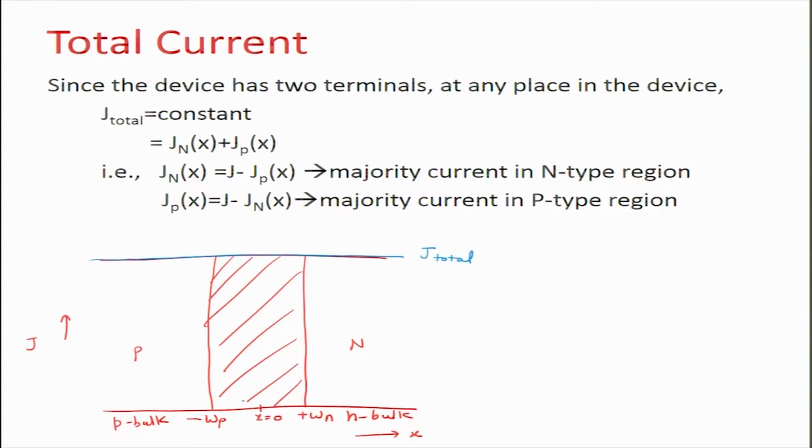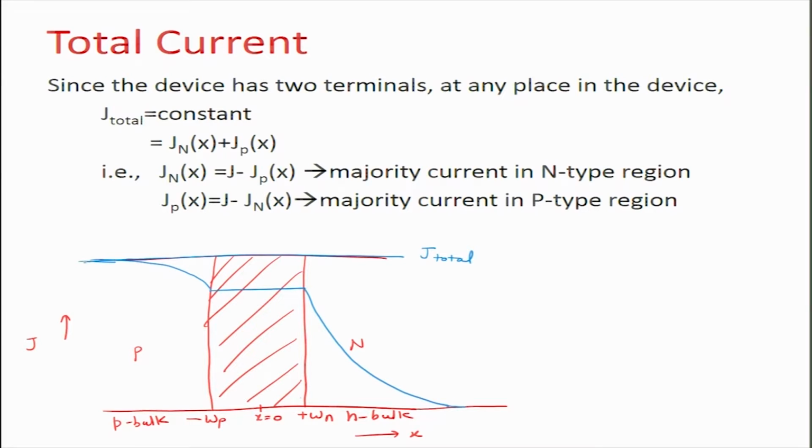J total is the sum of Jn and Jp, it is a constant current. So, what it means is that in case of Jp, it goes as something like that, and then in the depletion region it stays constant.